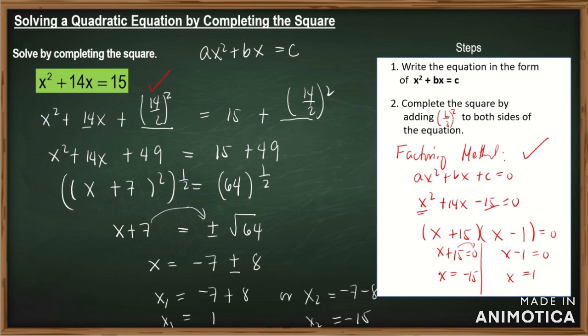Okay, so it's up to you to decide which method to use actually. So that's it. That only shows that when the quadratic equation can be solved by factoring, it can also be solved using the completing the square method.